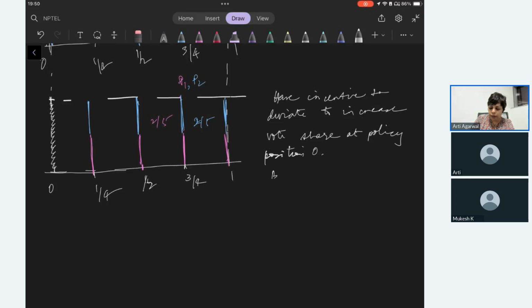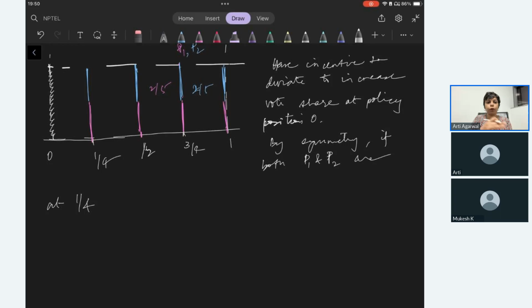Again, you can also say that, by symmetry, both P1 and P2 are at quarter. Instead of 3 by 4, they both are at a quarter. They lose votes of population at P equals to 1.